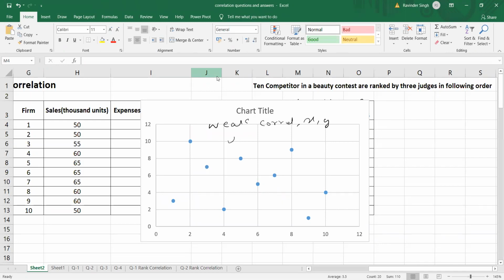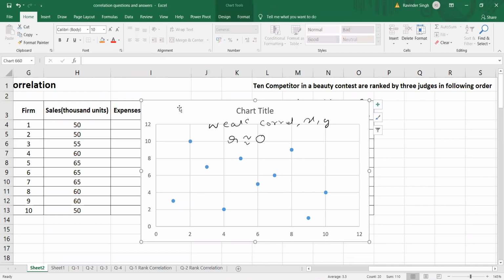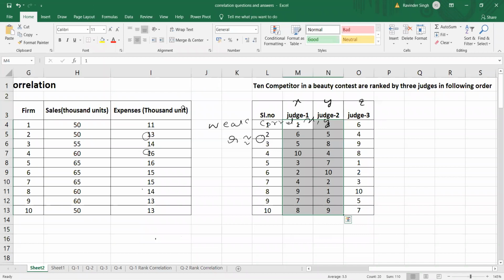So whatever R value I should get for this X and Y will be in the neighborhood of 0, because it has a very weak correlation or almost no correlation at all.